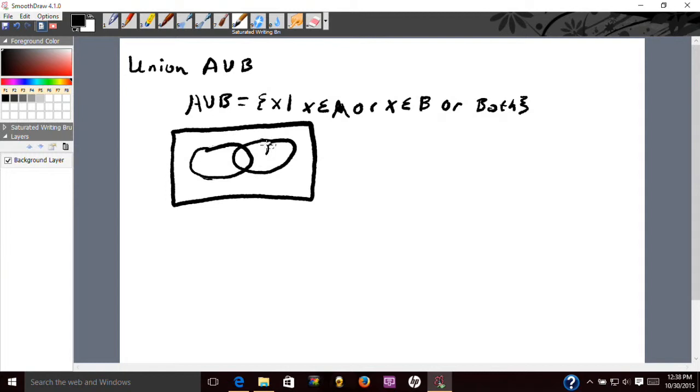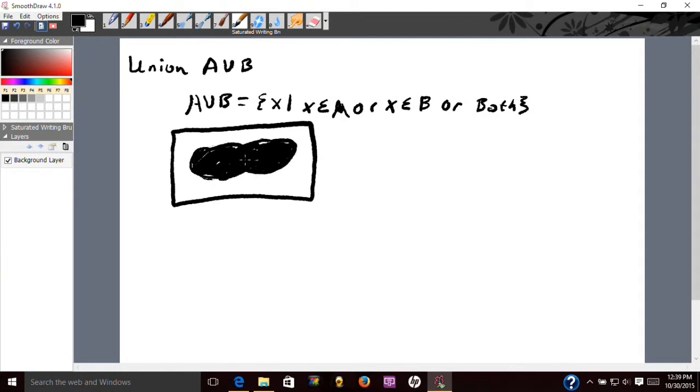Alright, so this is B, and this will be A. Now, X contains elements of A, so that means that this entire region of A must be shaded. Elements of B or both, which means that includes what they have in common.